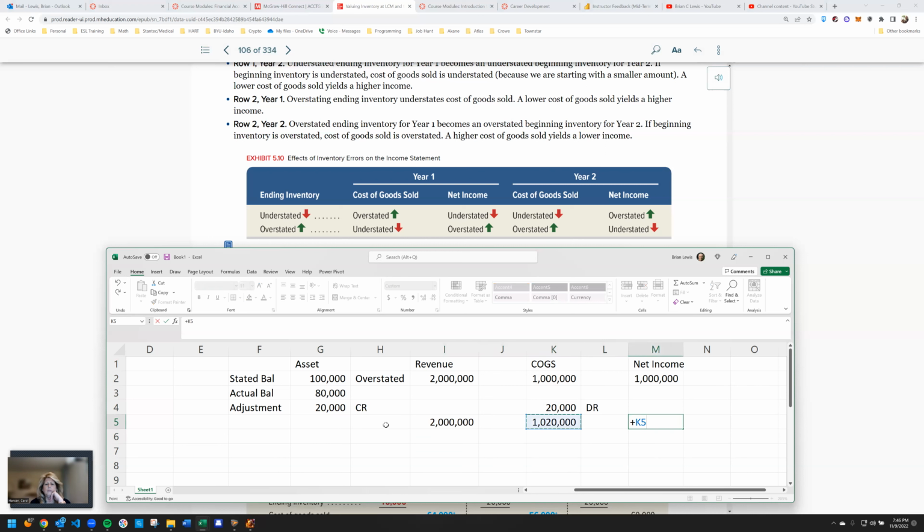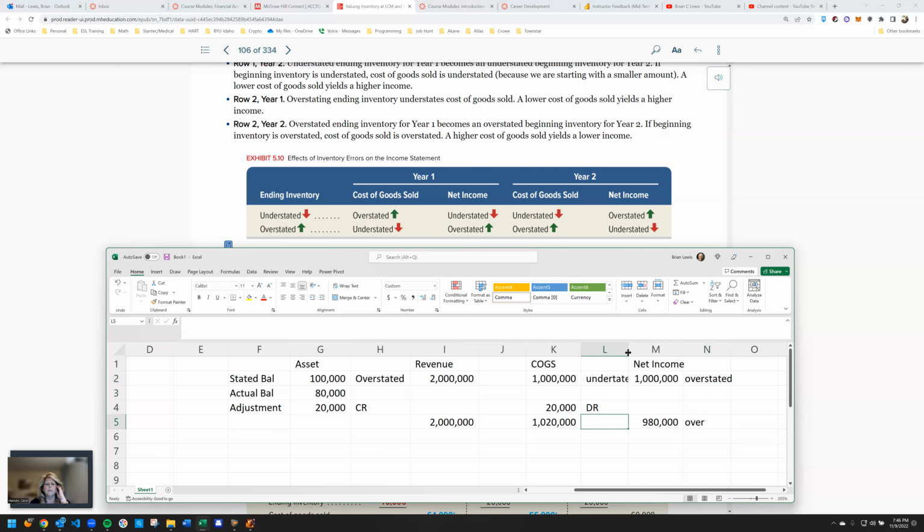Now if we do this minus that, we get 980,000. So when you're looking at this now, my COGS is understated, and my net income is overstated. Let's move these. Cut, paste, and this is overstated.